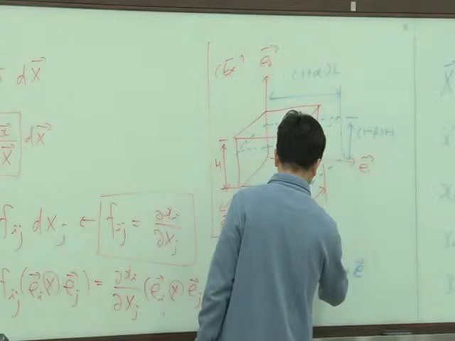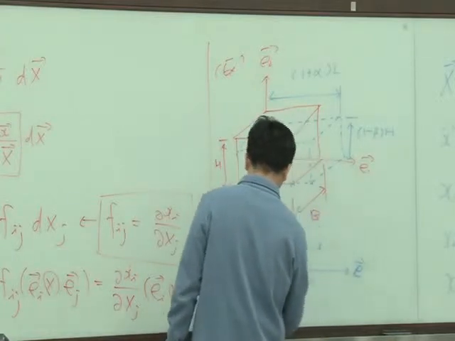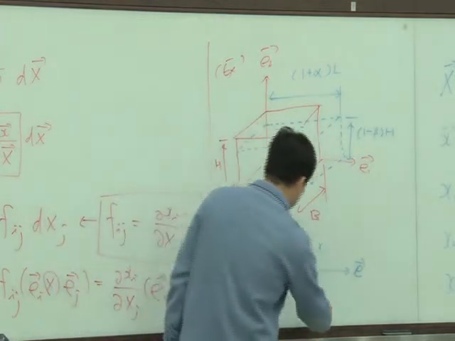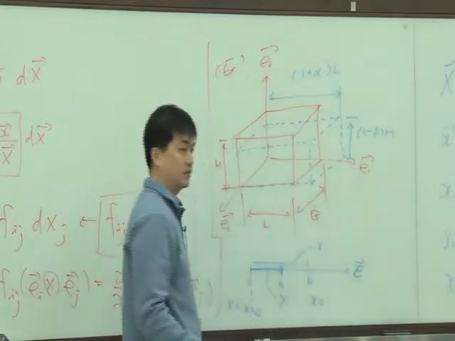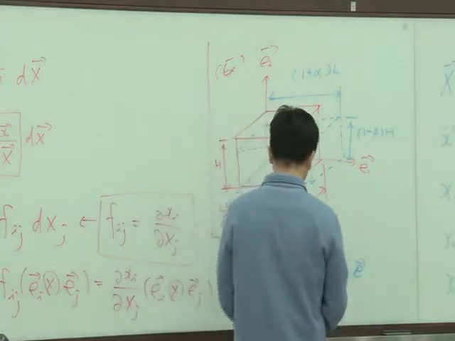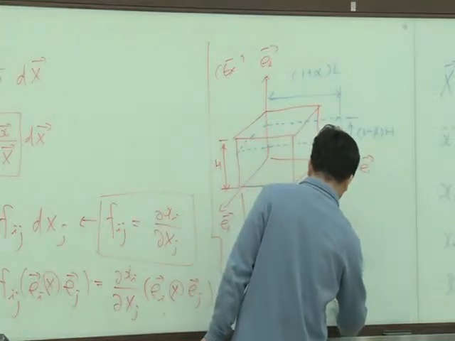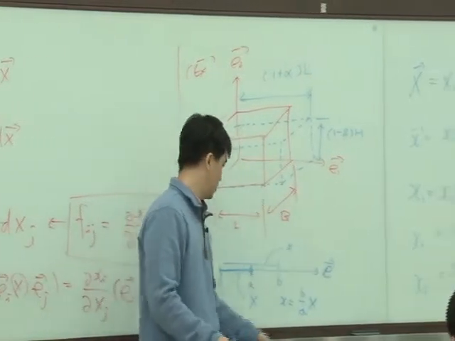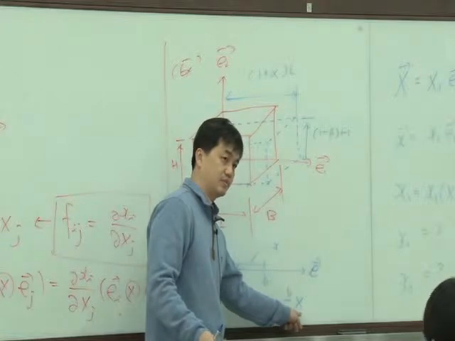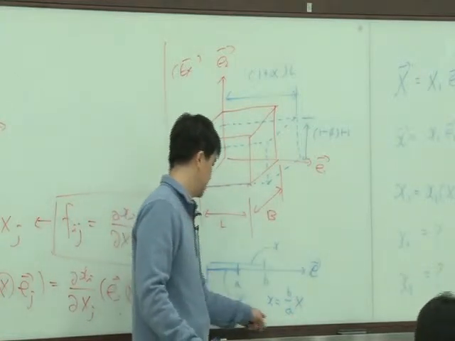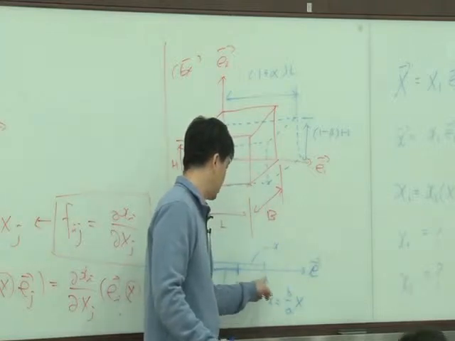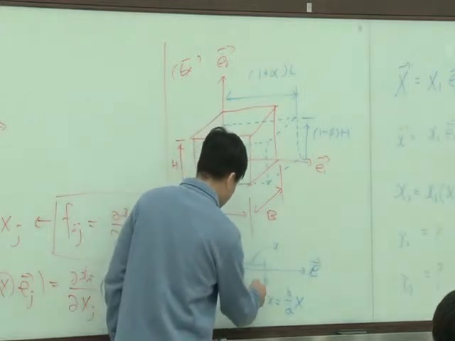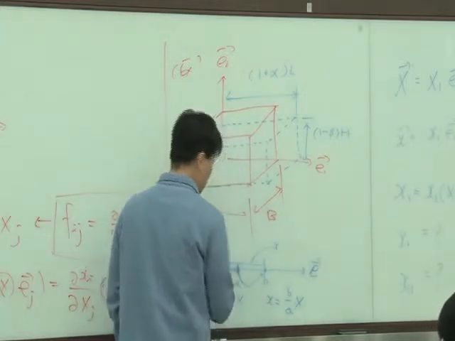This is big X, this is small x. x equals B over A times X, right? Let's put big X equals 0 here, big X equals A here, then you have B. So this point moves to this point, and this point doesn't move.